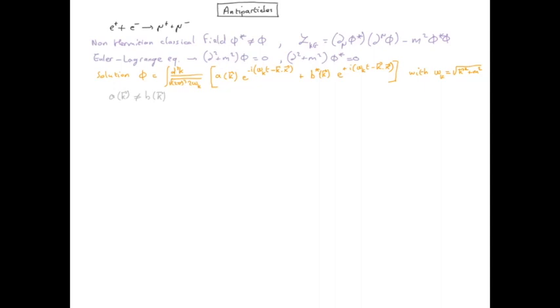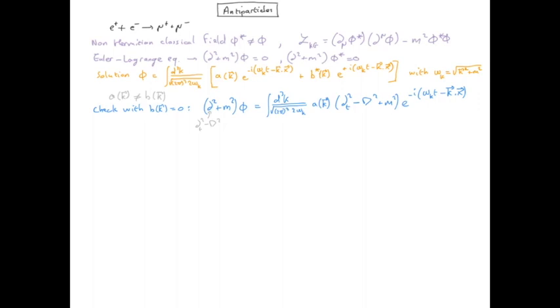Let's first check that this is a solution to the Klein-Gordon equation in the case of B equal to 0. The time derivative and the spatial derivative will act on the exponential and will respectively bring down minus i omega k and i k.